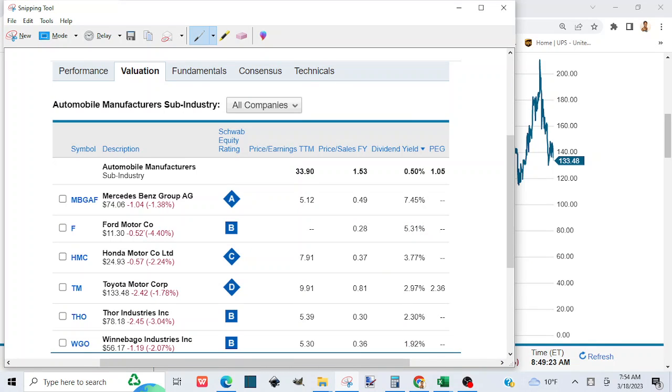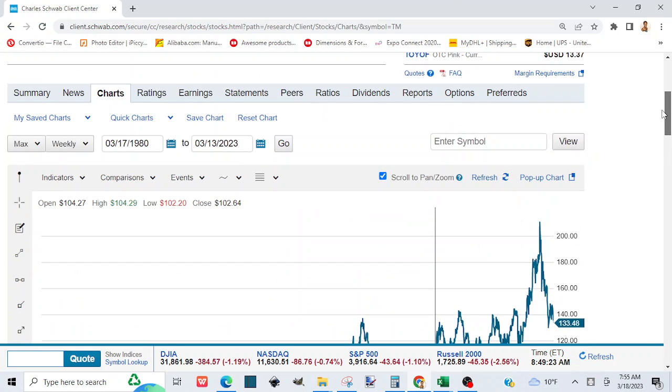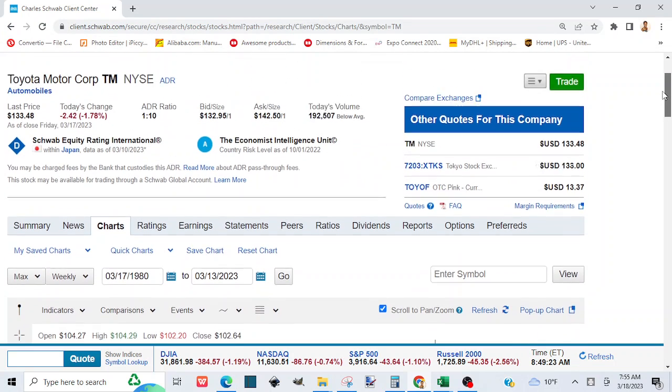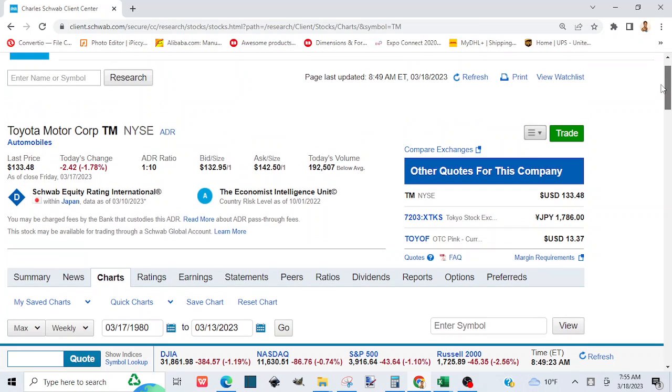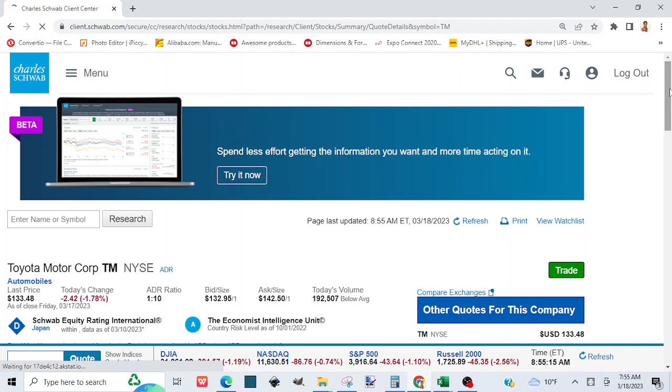So let's say you are ready to buy, or you don't want to batch research. If you find something good, you want to place an order right away. Let's go back to summary, and you say, okay, Toyota is good, 2.97%, that's okay, and you want to see if you can buy some.